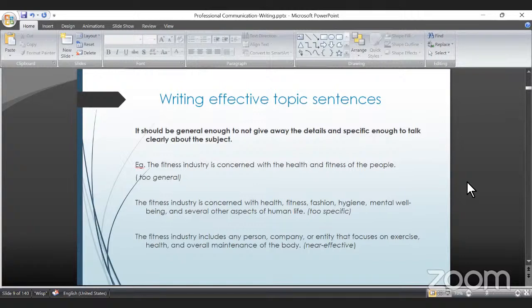But ma'am, how can a company have a body? We cannot say that a company has a body like a person. Company that focuses on exercise, health, and overall maintenance of the body. A company doesn't have this. It's the company that maintains and manages these issues like exercise, health, and maintenance of the body. What is the confusion? I don't quite catch the question.